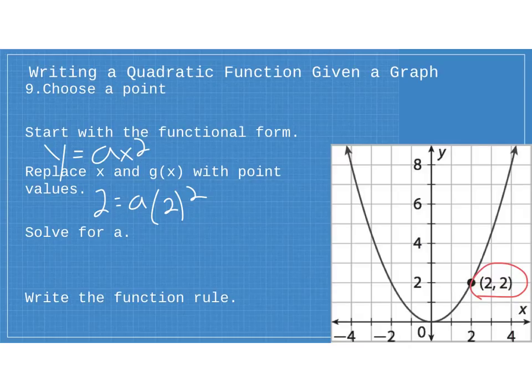And then solving, you get 2 equals 2 squared is 4, so that's 4a. And then divide by 4, and a equals 1/2. So then we would get g of x equals 1/2 x squared.